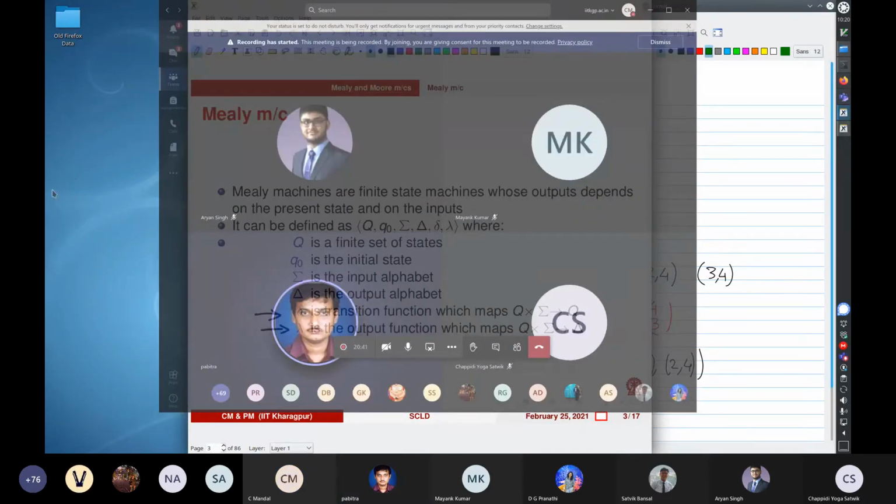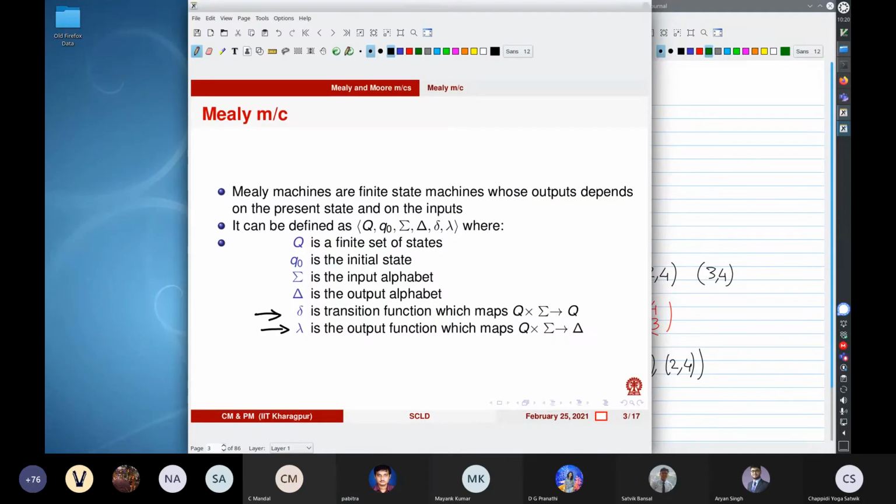the two most important components are the transition function and the output function. Of course, all are important because you can't define the automaton without any one of these, but in operational terms, when you specify your automaton, these are the two components which you actually specify.